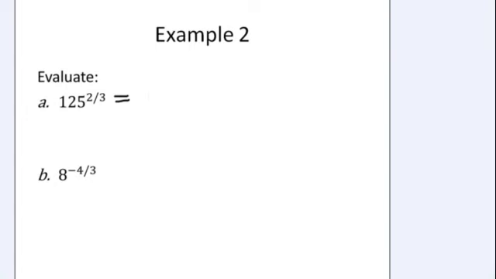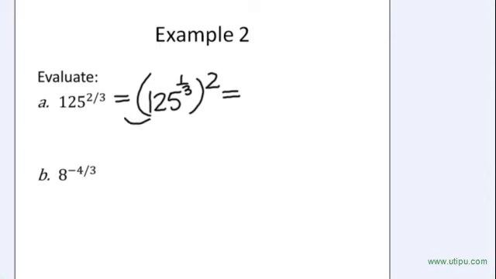Now, you might remember when we write exponents, power to power, we end up multiplying. So, 2/3 is the same as 1/3 times 2. So, it helps if I think of this as 125 to the 1/3 power and then square it. 125 to the 1/3 power, well, that's the same as the cubed root of 125.